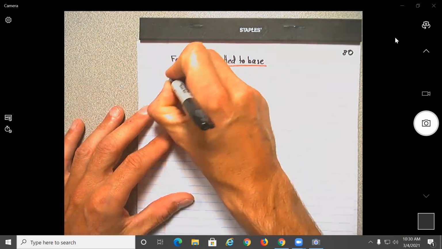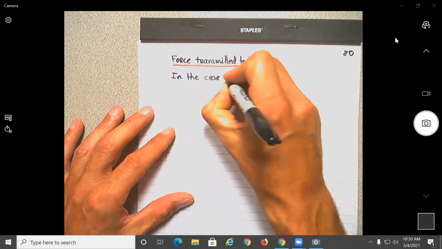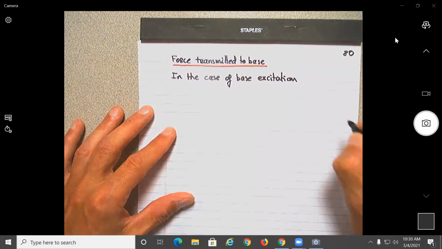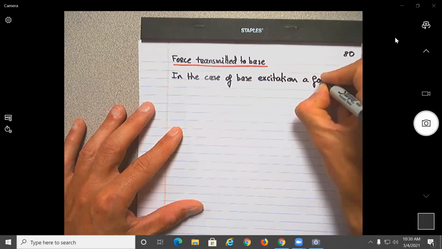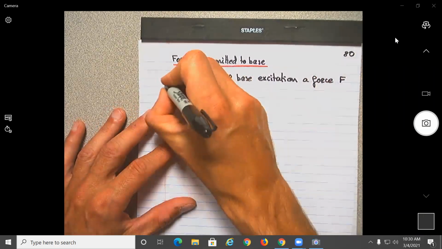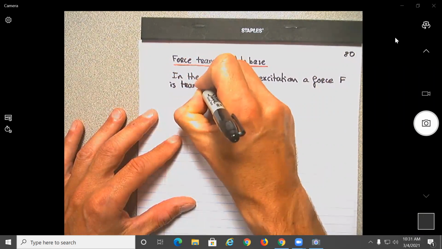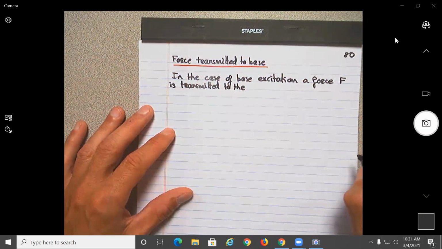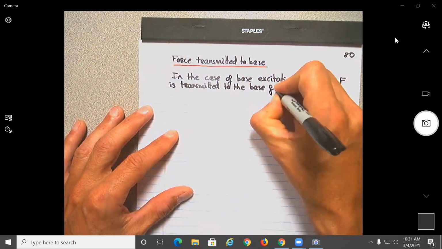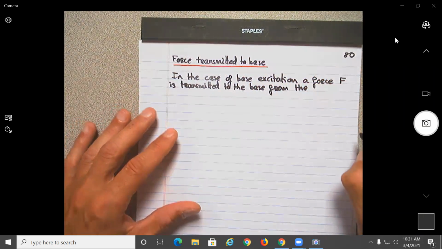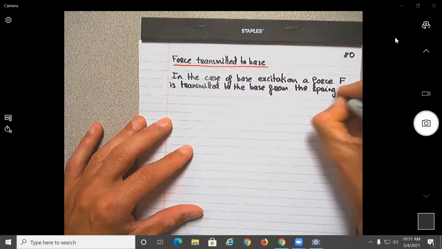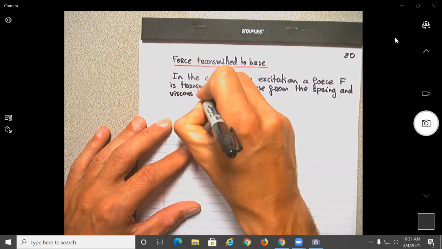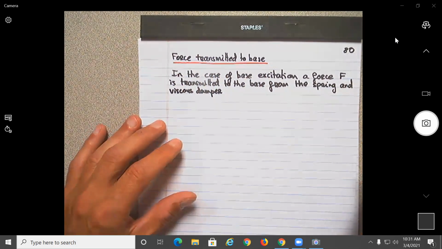So let's write over here, in the case of base excitation, a force F is transmitted to the base from the spring and viscous damper.